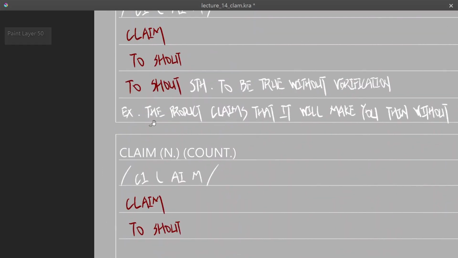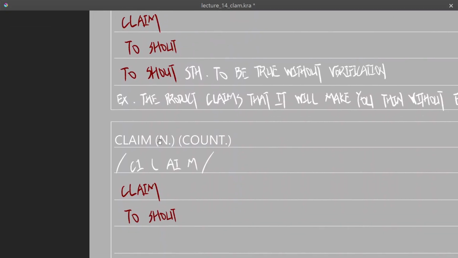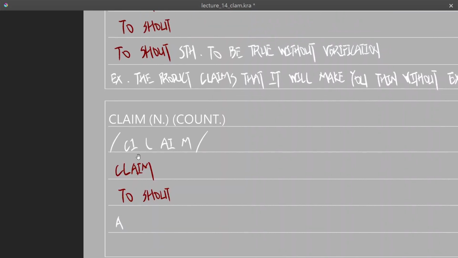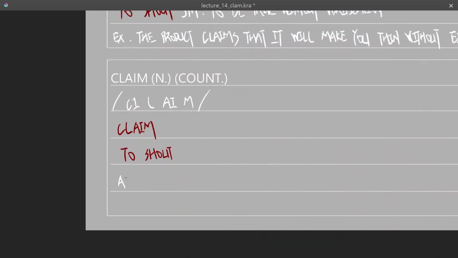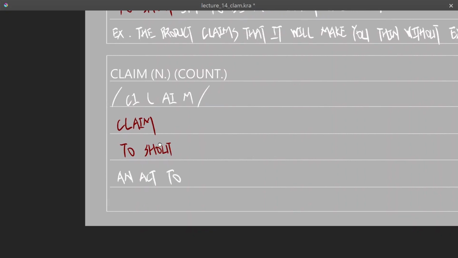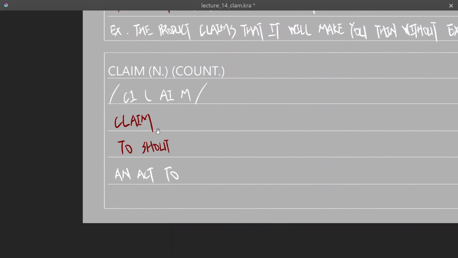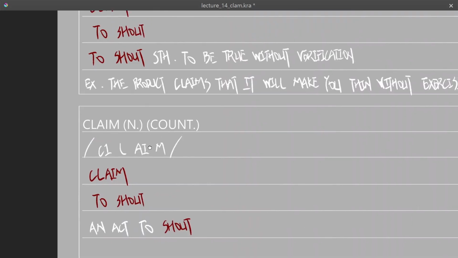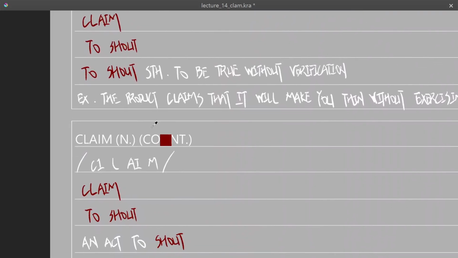As a noun, it means an act to shout something to be true without verification.